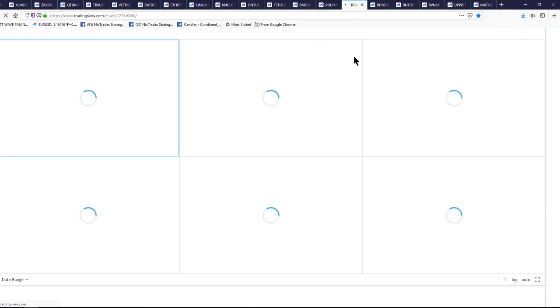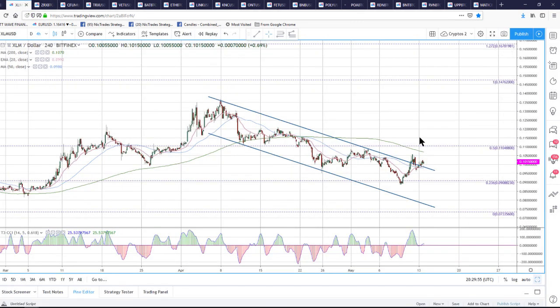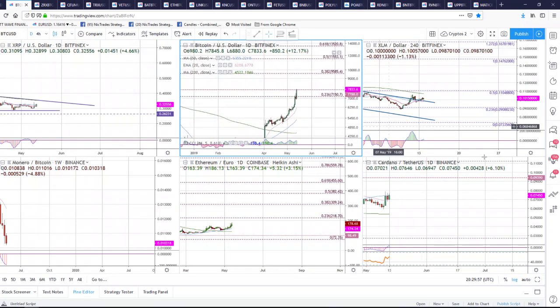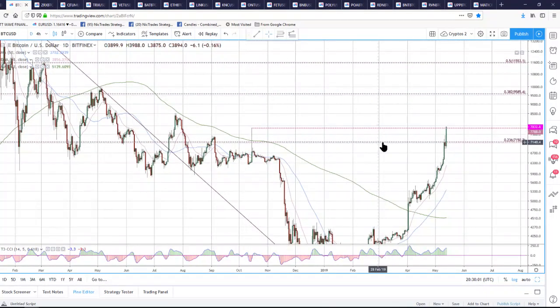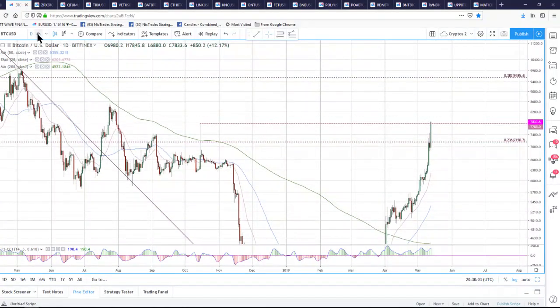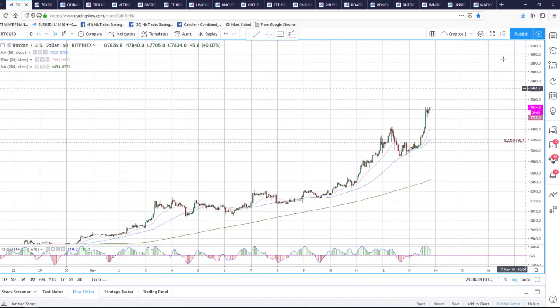So Theta, it's carnage. And the carnage is just Bitcoin. It's just Bitcoin on the rampage. Look, we pushed this horizontal resistance level. We just pushed through this in the last hour like it wasn't there. So up we go again.